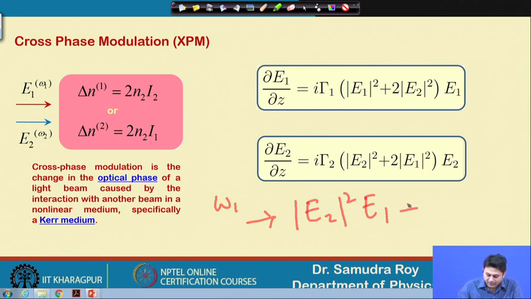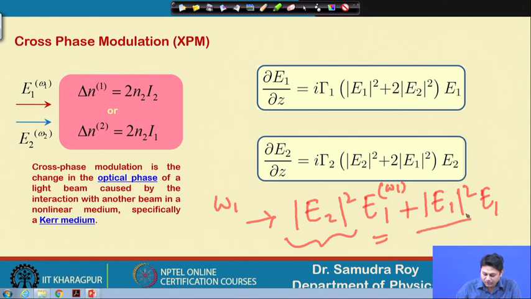On top of that there was the self phase modulation term, so the mod E1 square E1 term will also be there. The mod of E2 square does not have any frequency, and the E1 term will contain one frequency, omega 1. Here also mod of E1 square does not have any frequency because it is a mod square, but the E1 term again gives rise to the frequency omega 1. So, this entire term will have a frequency component of omega 1.